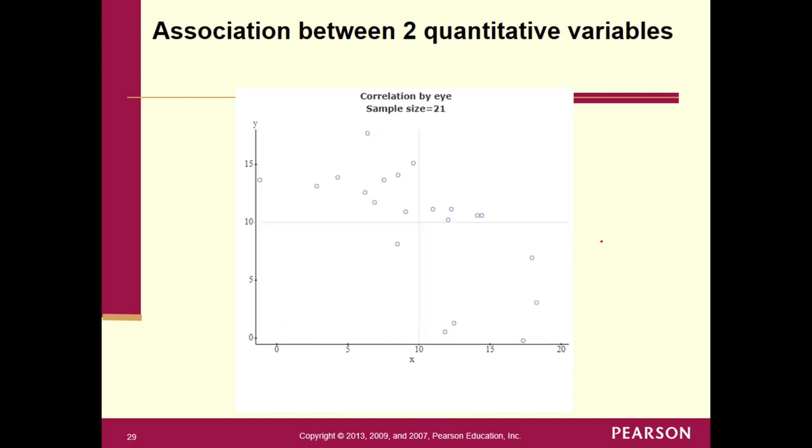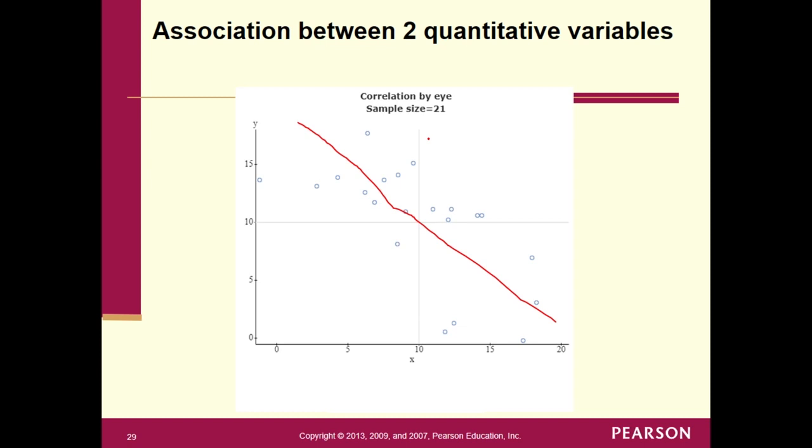How about this one? So maybe there's our trend line. Certainly not as strong as the 0.99 one, but I don't think it's as weak as that other negative one, because remember we had that dot way down here and a dot way up here. To me, this looks like a moderately strong negative relationship.